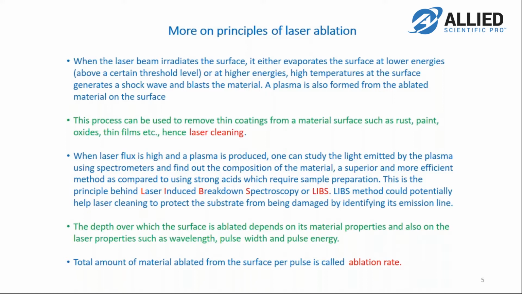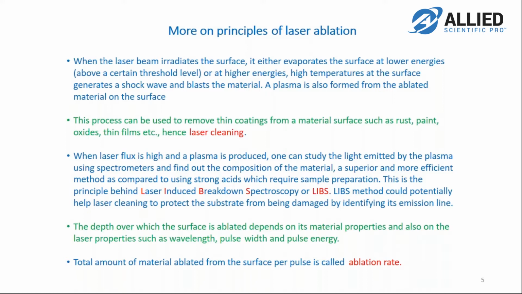So when we talk about this flux, the plasma that is generated due to high flux of the laser, we can always look at this emission or glow from the plasma and get an understanding of what the material is that exists there. And that is the principle of a technique called laser-induced breakdown spectroscopy, or LIBS.